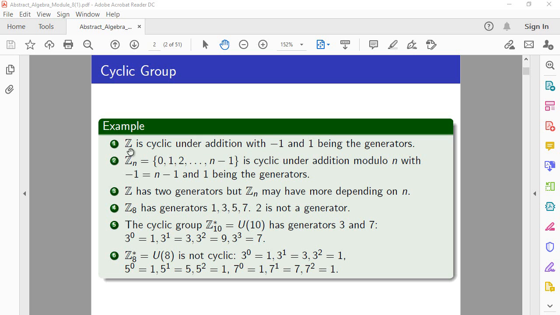That is, every element of Z is clearly a multiple of 1. So 1 is a generator of Z. Similarly, every element of Z is a multiple of -1. So Z is generated by -1.